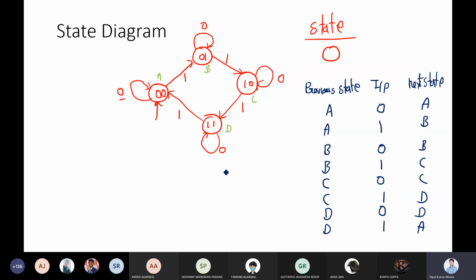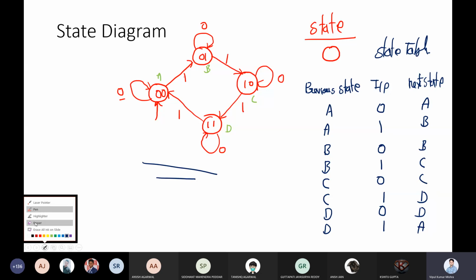So now this is your state diagram and this is your state table, right? Got it? So you got a state diagram and a state table. Now suppose I do some modification.